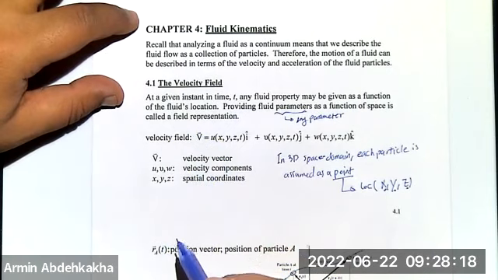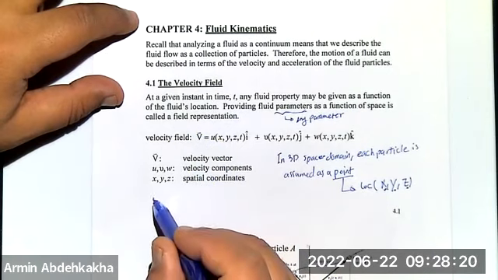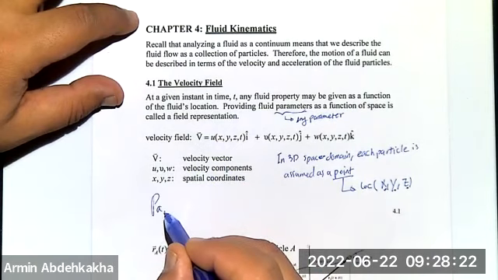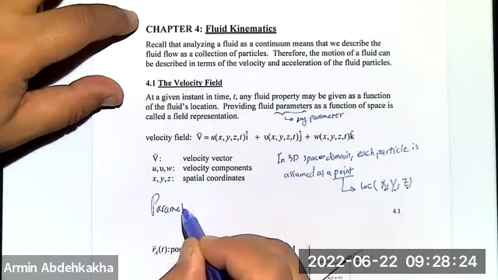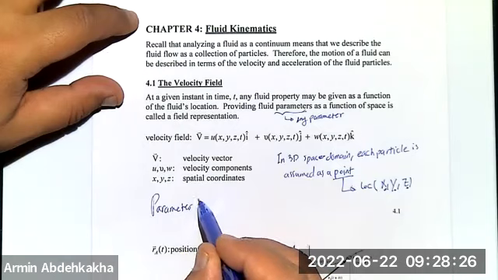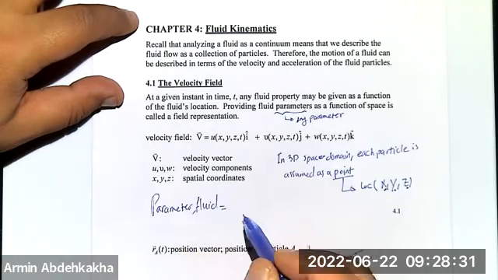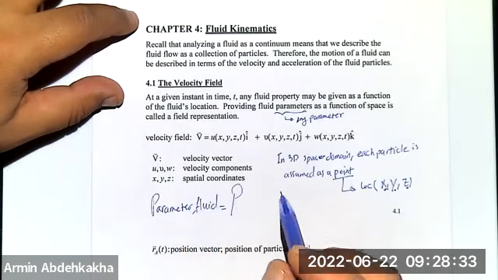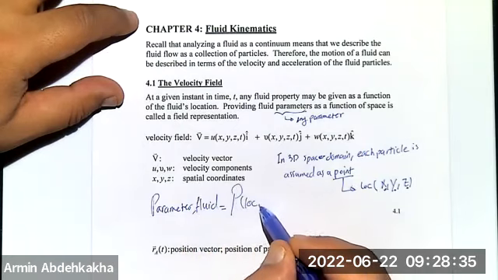And this field could be a field representation of any parameter. Velocity is one of those. So it could be any parameter of a fluid as a function of location.